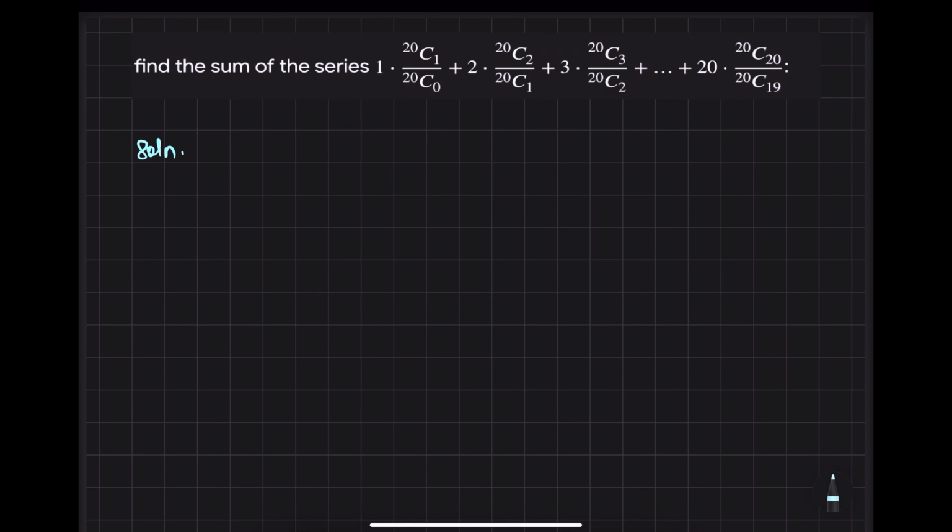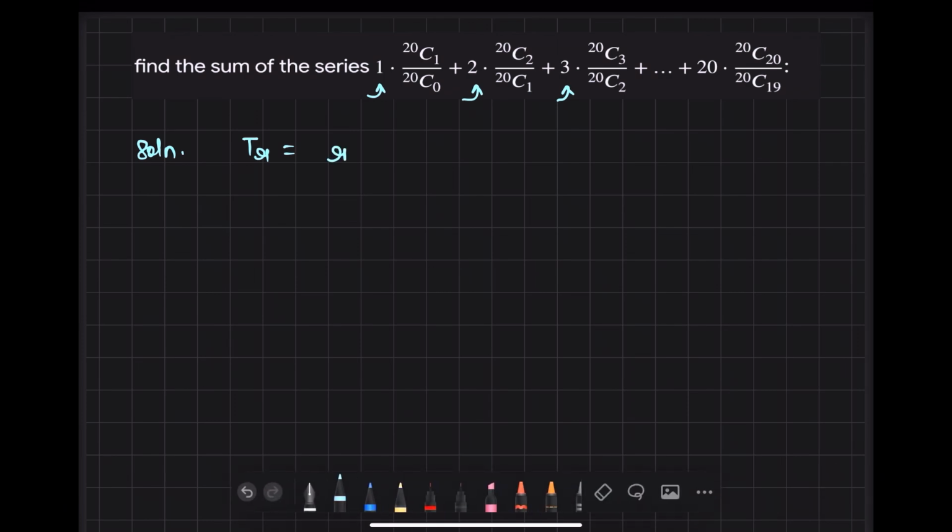Okay, so what I want you to tell me is the formula of the rth term. Just observe. In the first term we have 1, in the second term we have 2, in the third term we have 3, in the fourth term we will have 4. So in the rth term we will have r, correct?